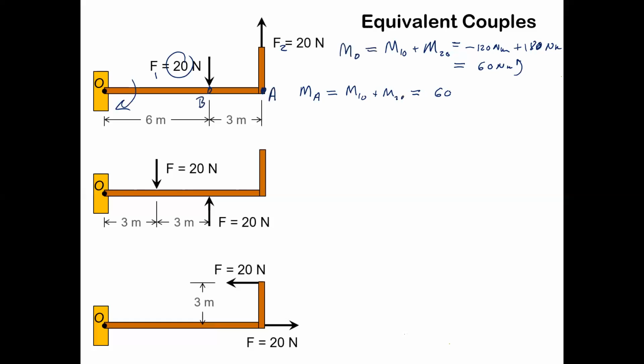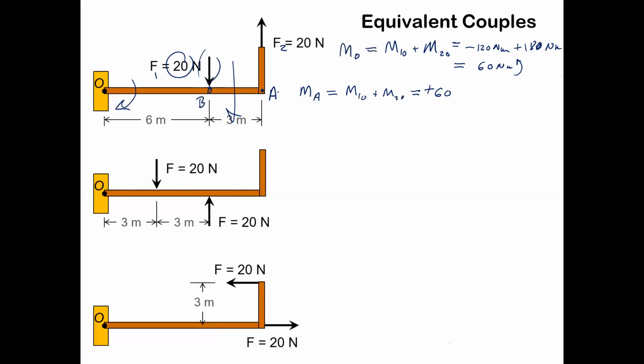And is it positive or negative? The moment of this force about point A, is it positive or negative? It's positive, right? Because the water wheel stuck at A, because of this force whooshing by, is going to spin that way, right? So we have a positive 60. And what's the moment of F2 about point A? It's 0. Why is it 0?